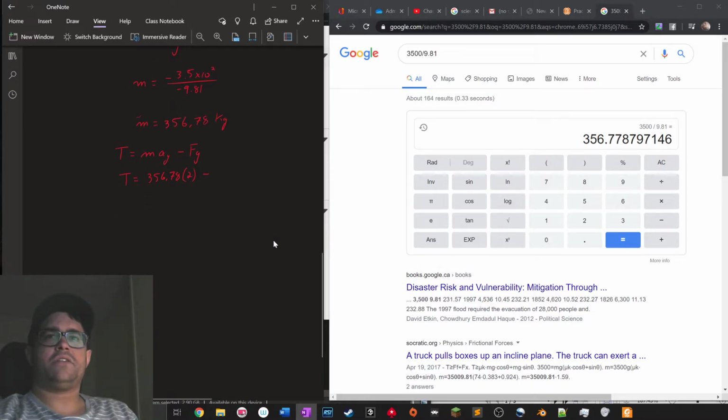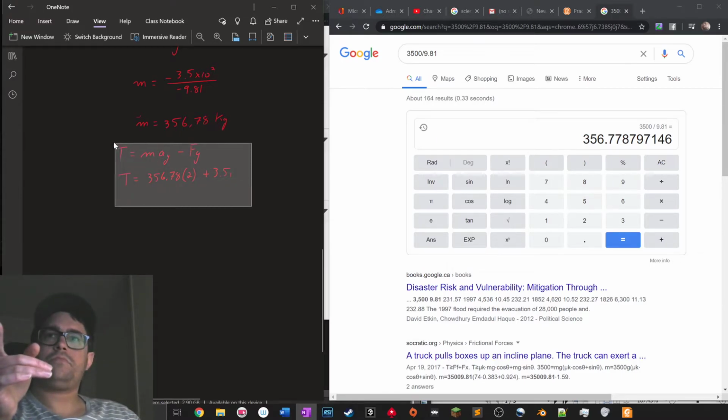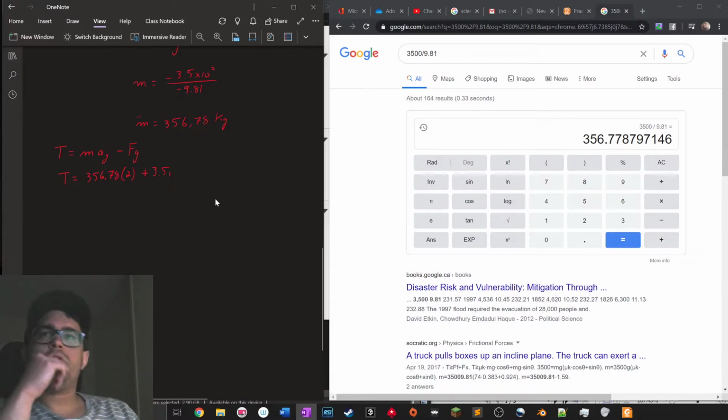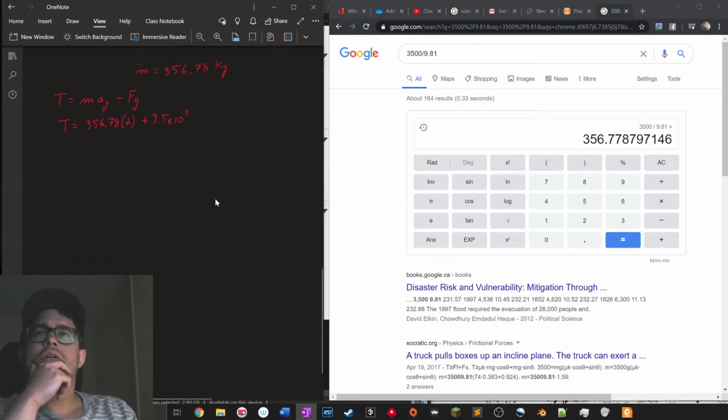And that makes more sense because the tension in the rope is fighting against Fg. So you have to include that. What is it? 3.5 times 10 to the 3. Right, so the tension is going to be greater than this because the tension fights against Fg, and it also creates a work because it's bigger than Fg.